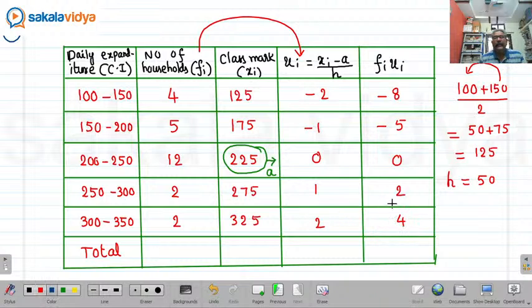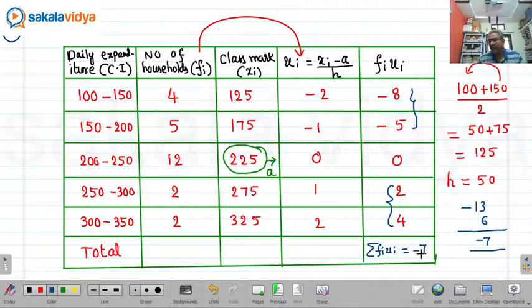Now add positive values and negative values: -13, 6. If you simplify you get -7. So sigma Fi Ui is -7. Am I correct now? All of you check it.